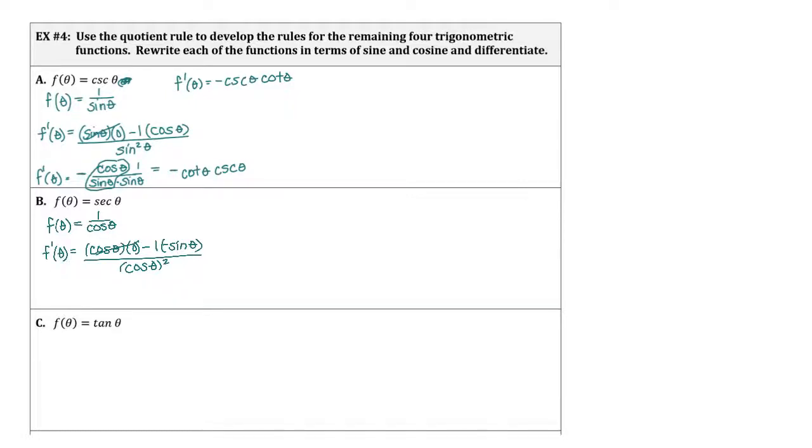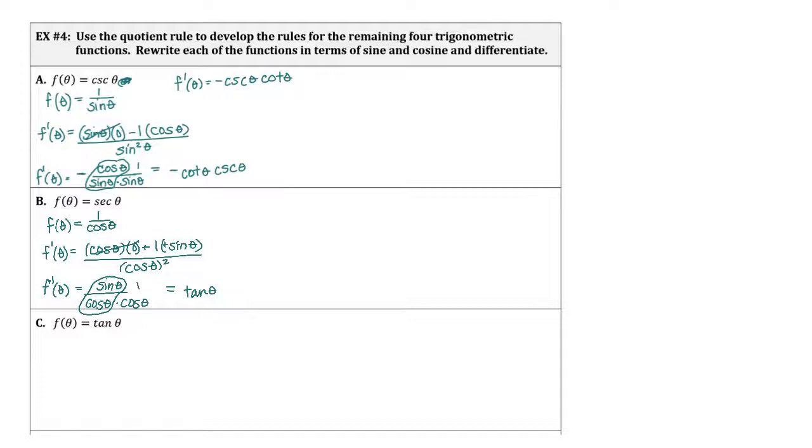And so f prime of theta is going to be equal to, that's going to be plus a positive. So I'm going to have sine theta over, and then notice we're going to have cosine theta times cosine theta. And so just like earlier, we can put together some of these, like sine over cosine. That's going to give me tangent theta.